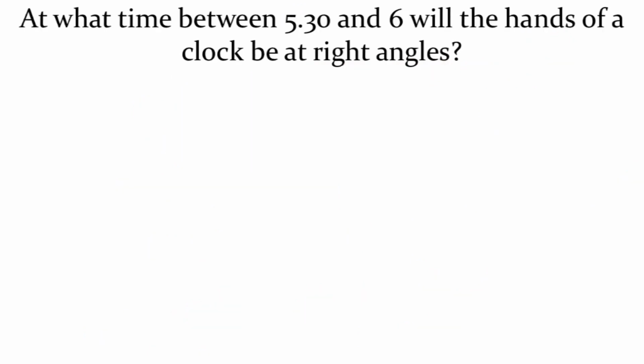At what time between 5:30 and 6 will the hands of the clock be at right angle? Between 5:30 and 6, time is required. Time is (30h plus or minus theta) into 2 by 11.